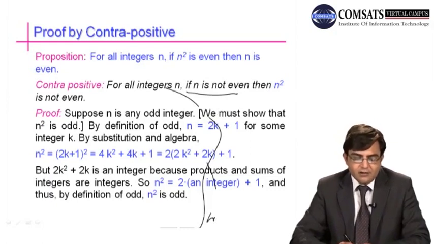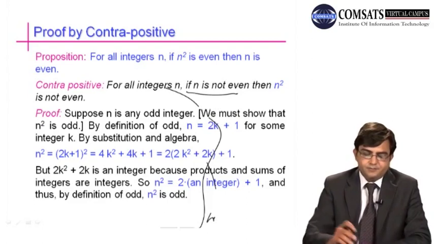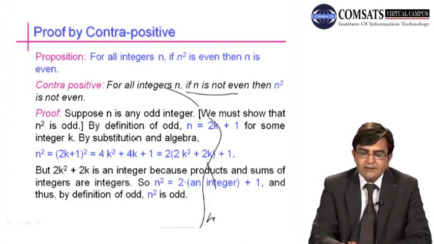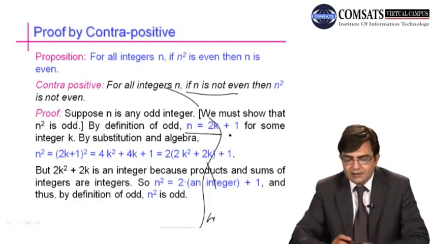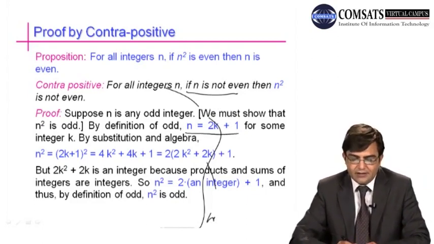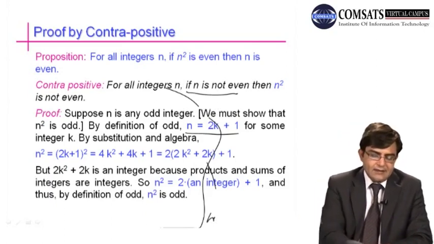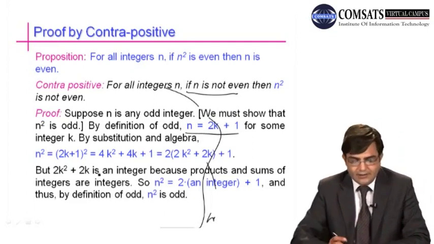So first of all, we suppose that n is odd. Then n can be written as 2k plus 1, as odd numbers usually are written, for some integer k. And we have to prove n square is odd, so we take the square on both sides. N square is equal to 2k plus 1 whole square.